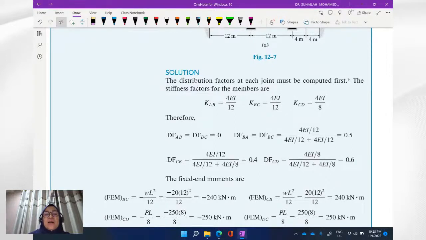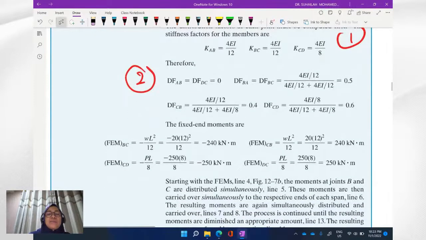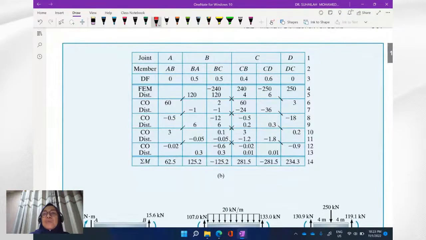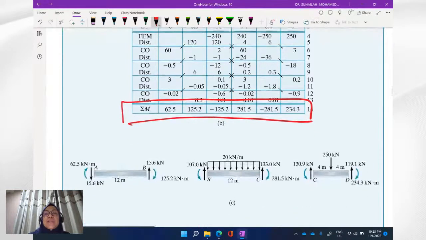Start with the derivation of K. This is the first step. Then calculate the distribution factor as step 2, and from that we calculate the fixed end moment. All this we put into the table, and we do the distribution process. The total moment that we get from the table is actually the member end moment, the answer, the internal moment.